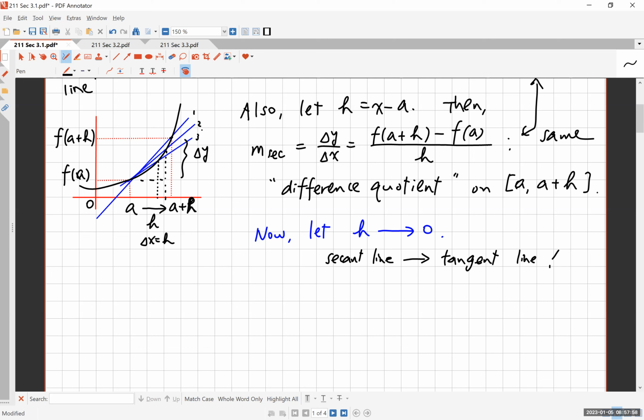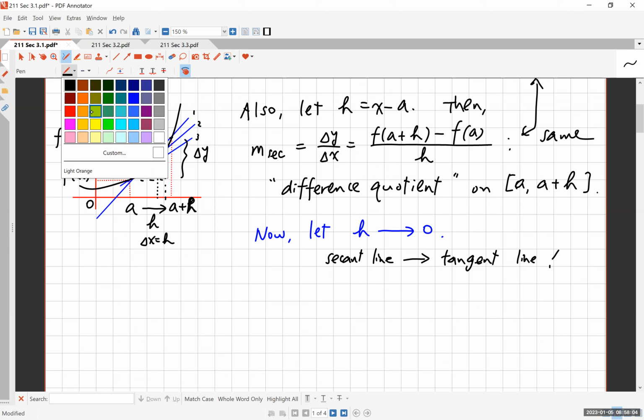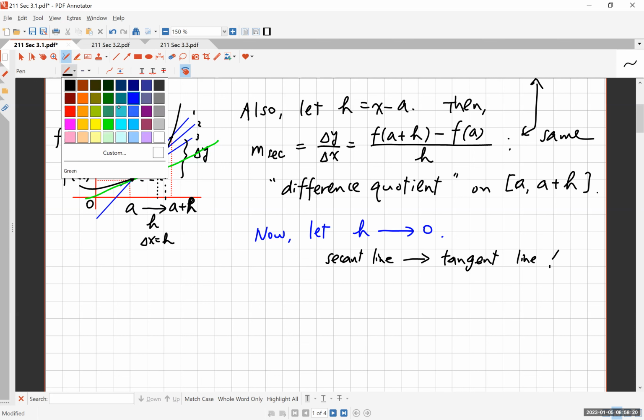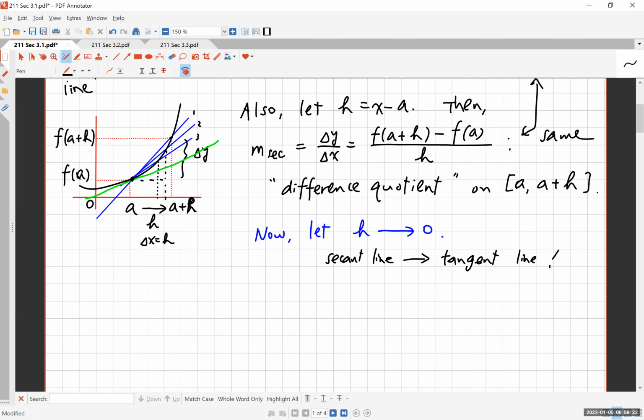And if you let h go to 0, closer and closer to 0, infinitesimally close to 0, then eventually you get this blue line, which is going to basically touch the graph right at this point. And this is the only point at which the line touches the graph. And this line, the green line, is called the tangent line.